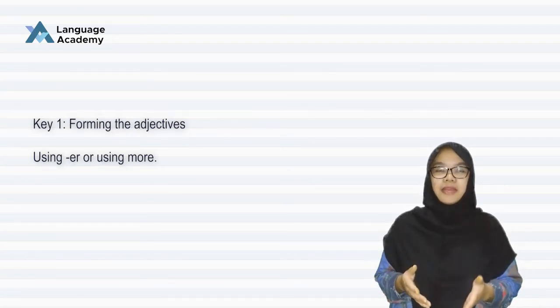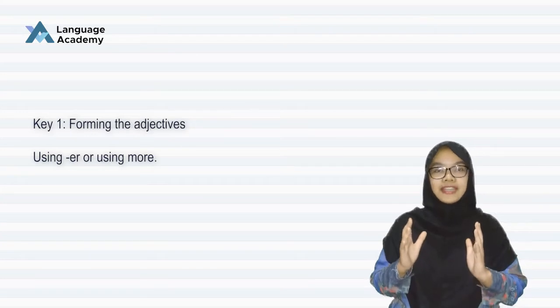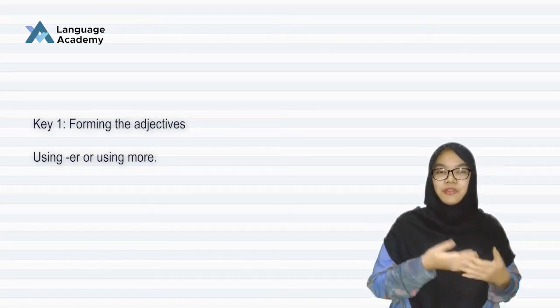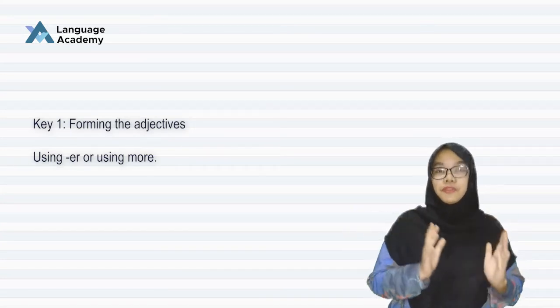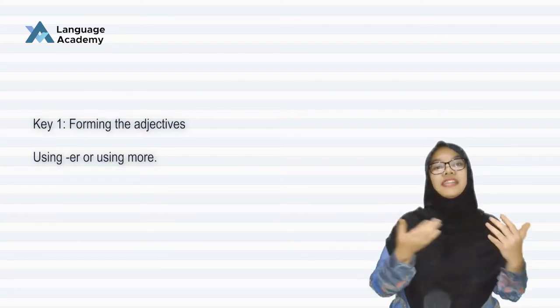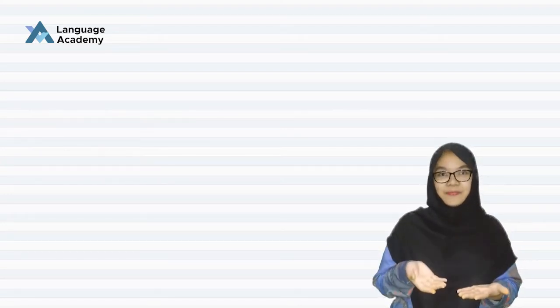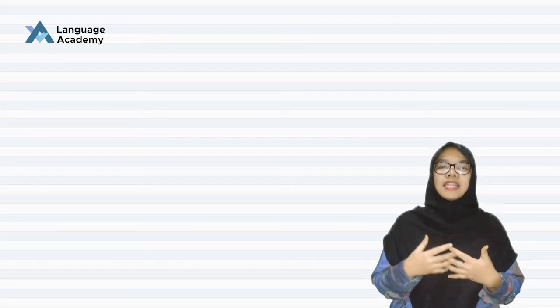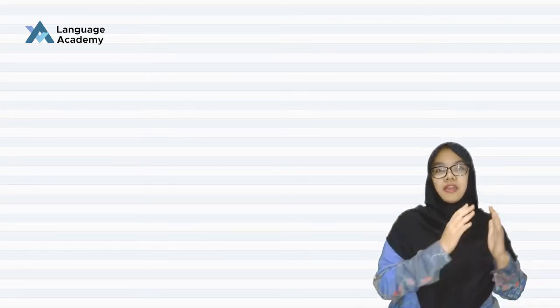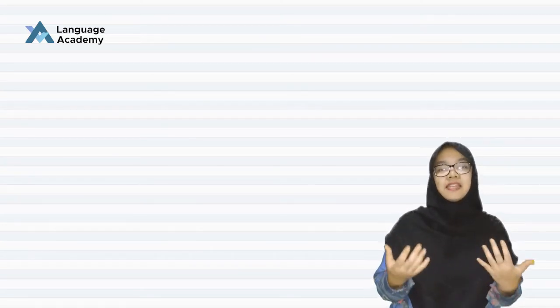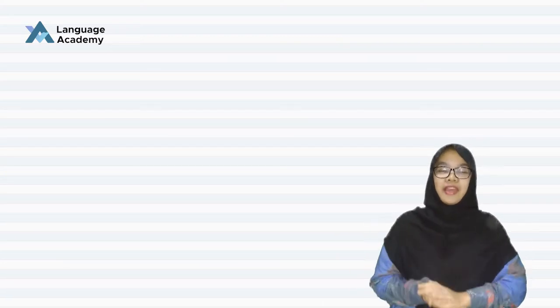Atau teman-teman menambahkan more di depan kata sifat tersebut. For example, more beautiful, more diligent, like that. Nah, sekarang kata-kata apa saja yang ditambahkan er dan kata-kata apa saja yang ditambahkan more, right? We're going to discuss about that.